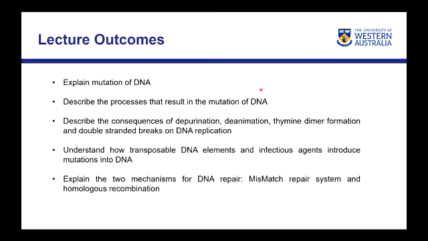We know that some viruses' DNA can get integrated into our own DNA, and that is a permanent change to our DNA. So understand how some infectious diseases can introduce mutations into DNA. And then we're going to talk about the two mechanisms of DNA repair. The first is the mismatch repair system, and the second is homologous recombination. So these are the learning outcomes of this lecture.